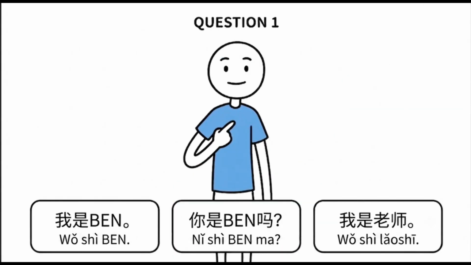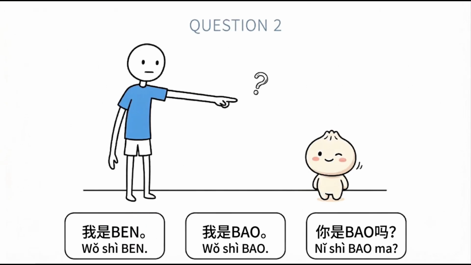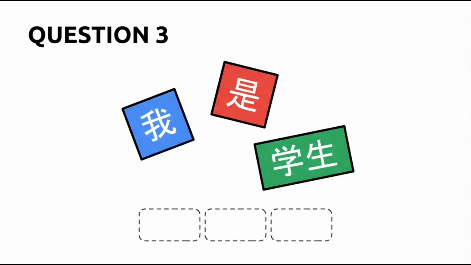Ben wants to introduce himself to others. What should he say? 我是 Ben. Ben is asking who this is. What should he ask? 你是谁？ Put the blocks into the correct sequence.